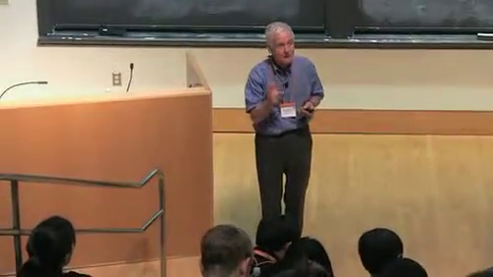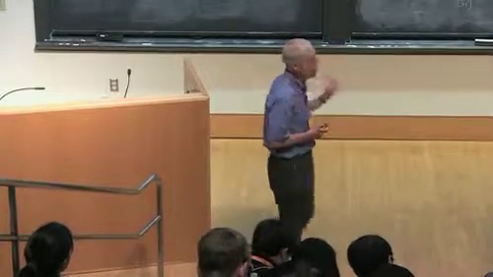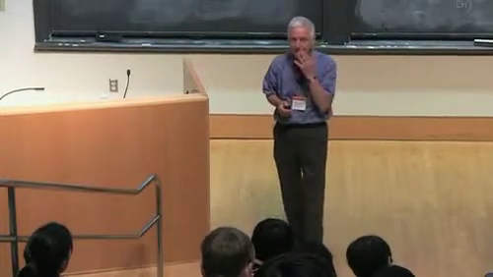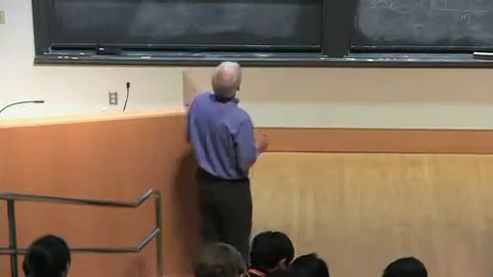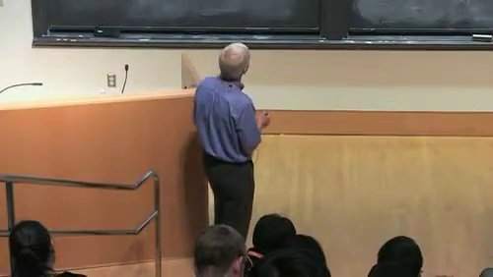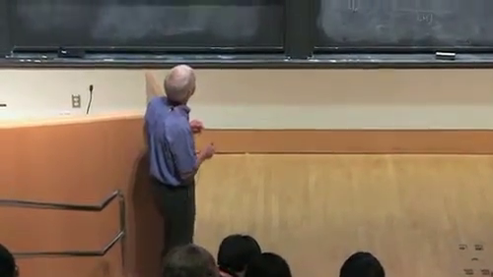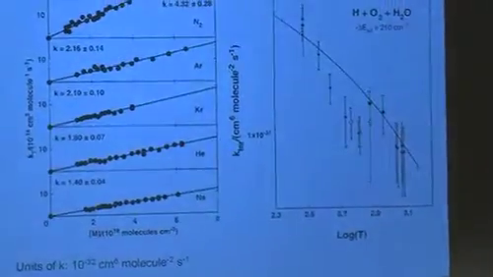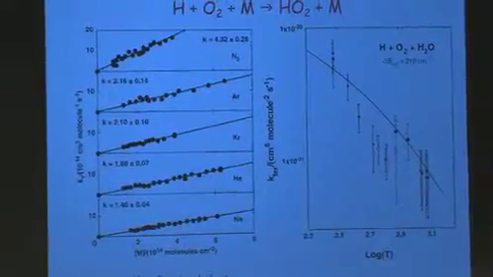And water is particularly effective at doing that. And that's important in combustion systems because there's quite a lot of water around. And the paper shows a detailed analysis of energy transfer parameters. So these are results taken from that paper, and this is showing the unusually efficient effect of water.